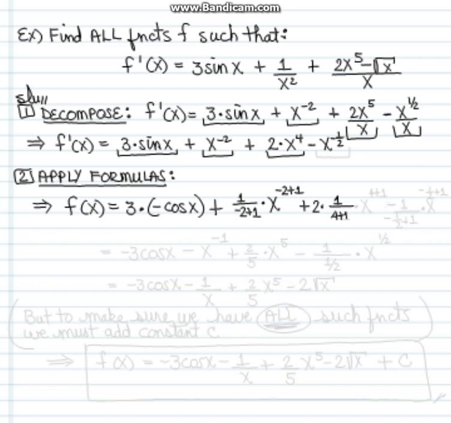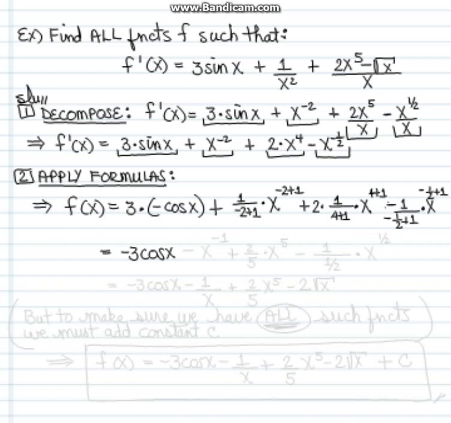Now the antiderivative of 2x to the fourth is 2 times 1 over 4 plus 1 times x to the 4 plus 1. And then the antiderivative of x to the negative 1/2 is 1 over 1/2 plus 1 times x to the 1/2 plus 1. So these are all acquired using the formulas in Note number 98. All right, let's simplify.